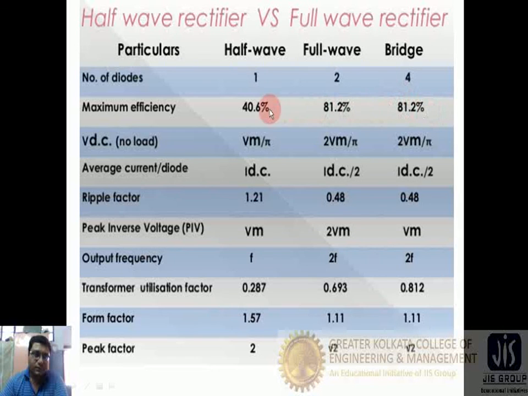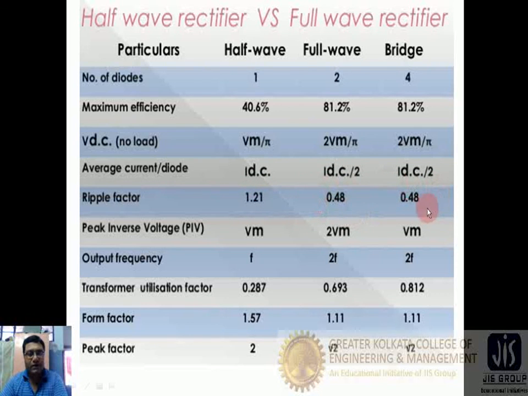It is the V output of DC when no load is present. You can see the comparison. This is the main important thing, the ripple factor. The ripple factor is quite high for a half wave rectifier, and it is pretty low for the full wave bridge and full wave rectifiers.